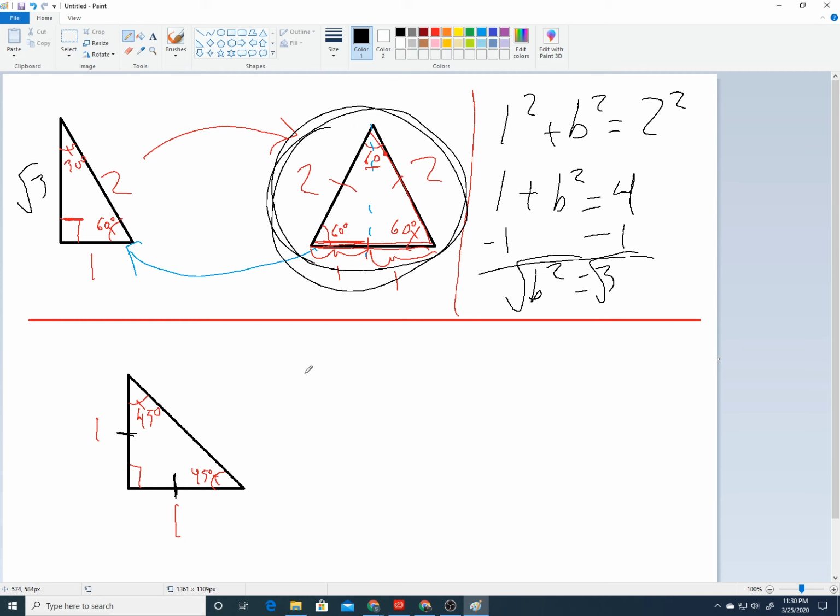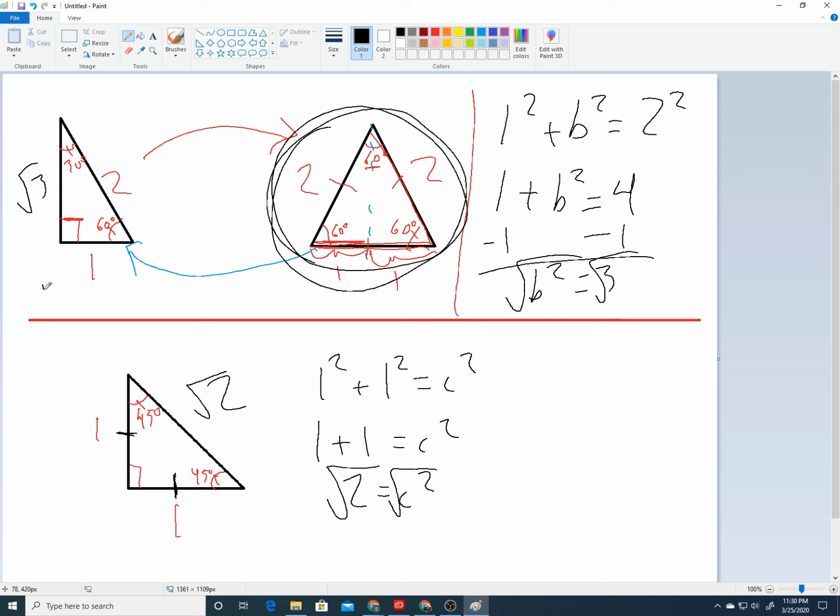Then for this one, I just go straight to the Pythagorean theorem. I have 1 squared plus 1 squared equals c squared, because this time it's the hypotenuse I'm solving for; before, I knew the hypotenuse. So I get 1 plus 1 equals c squared, or 2 equals c squared. Take the square root, and I get that c equals the square root of 2.